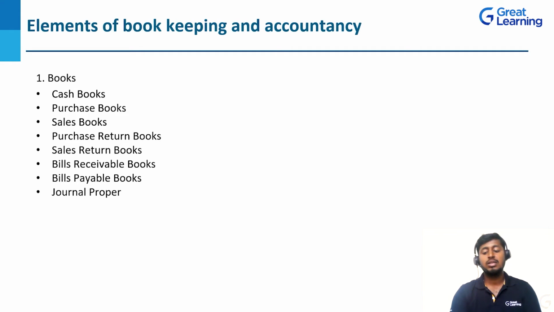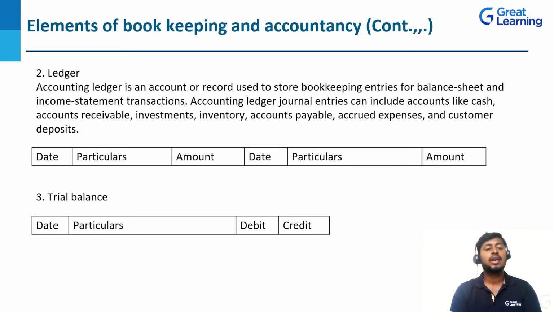So we'll see what is the second one. The second element is ledger. An accounting ledger is an account or a record used to store bookkeeping entries for balance sheet and income statement transactions. Balance sheet means all your assets and liabilities information, and income statement transaction is nothing but whatever the cash inflow and outflow, that is your income and expenditure.